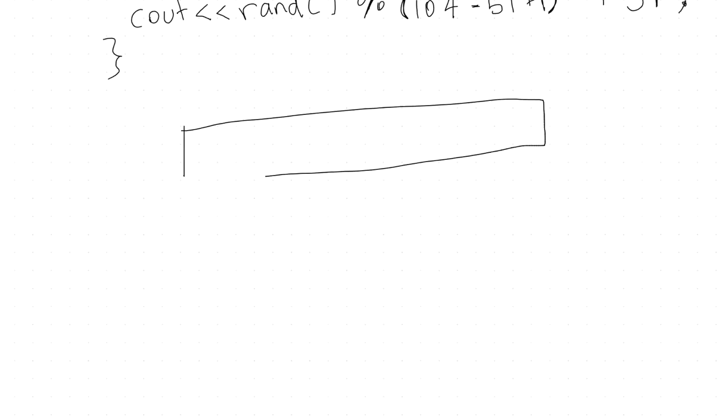Let's say you have an array of size 5. The possible indices that you can pick from range from 0 to 4.